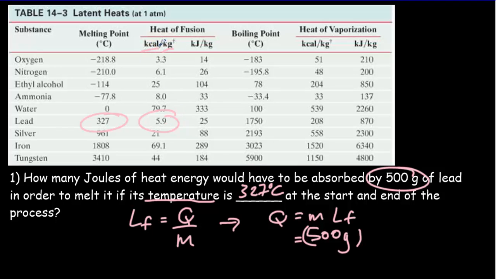Well, that's exactly the same as a calorie per gram. So this is the same as writing 5.9 calories per gram. So now we've got our masses in the same unit, and I can multiply that out, and I'll get approximately 3,000 calories. So it's going to take 3,000 calories to melt that 500 grams of lead.